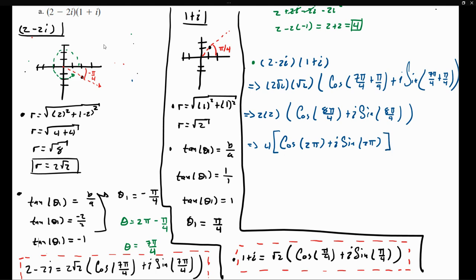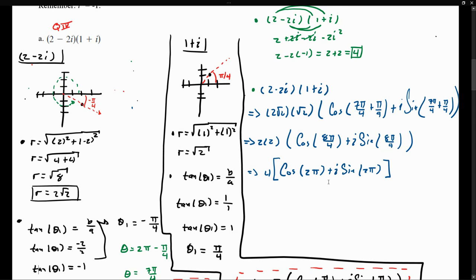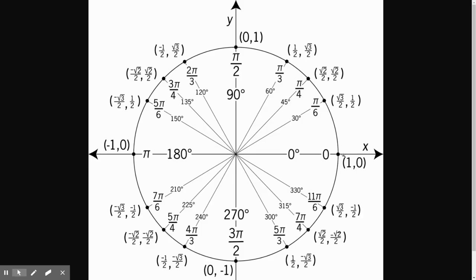This is the result that we would have gotten, but this expression does not look anything like 4. Notice that we can still evaluate these expressions. Now this becomes 4 times, what is the cosine of 2 pi? Well, 2 pi is a full circle, so the cosine of 2 pi is just 1.